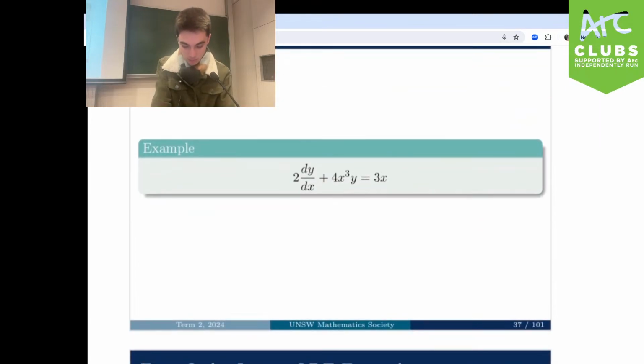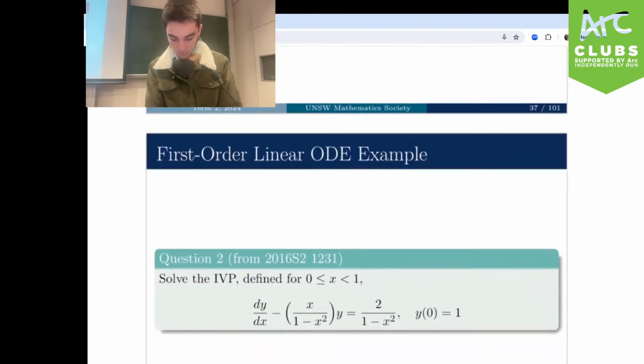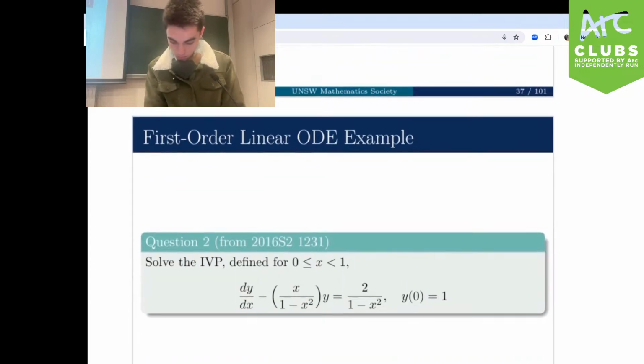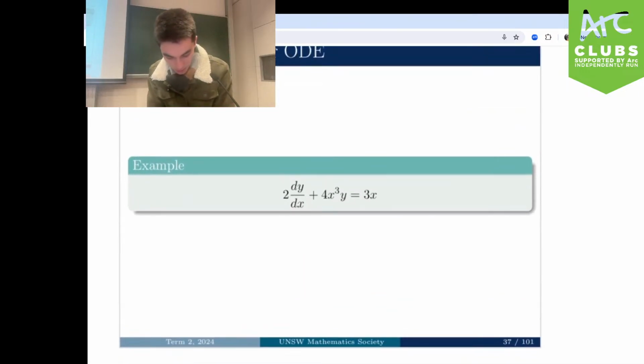So let's do an example, okay? In this case, right, first what we want to do is divide through by 2 to just kind of isolate that derivative.